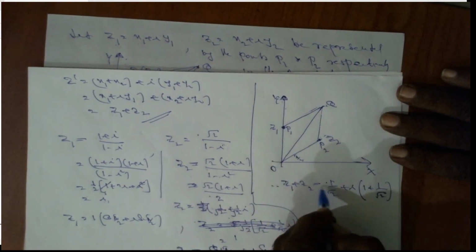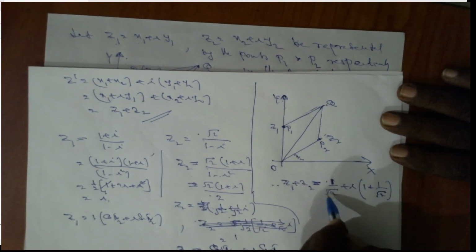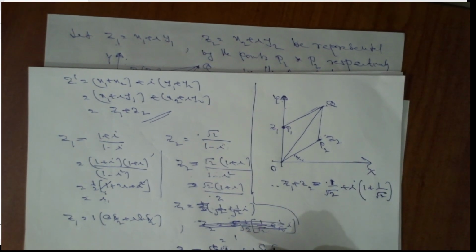You get 1 over root 2 plus i times (1 plus 1 over root 2). Is it clear?